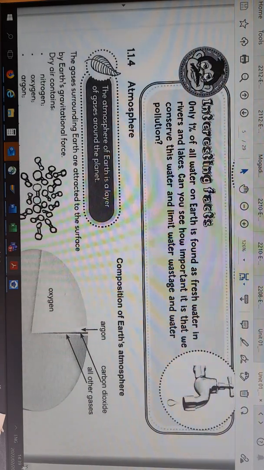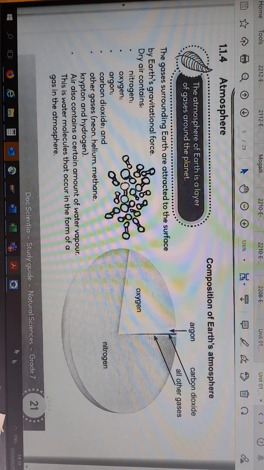The other diagram that I wanted to show you, both diagrams are in your textbook, page 21, is the composition of the dry air in the atmosphere. We know that it contains nitrogen, oxygen, argon, and carbon dioxide. Then there are other gases, and a small percentage is water vapor.